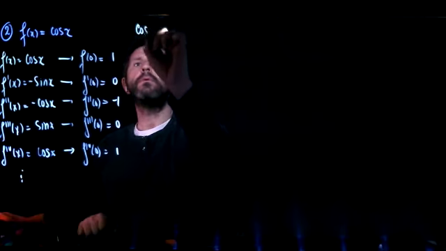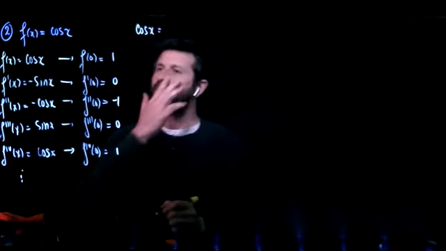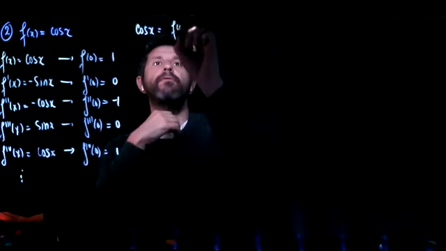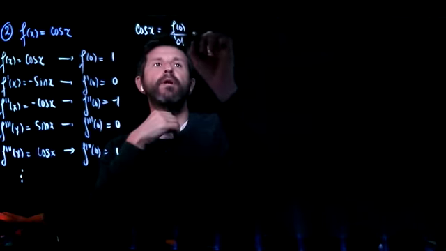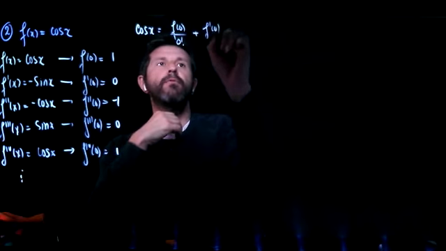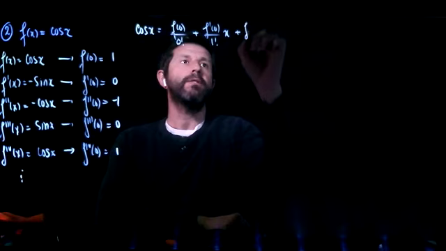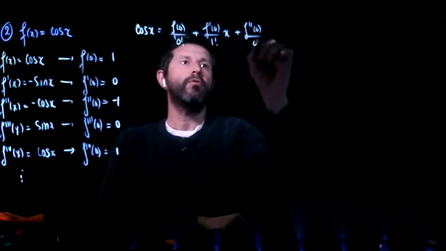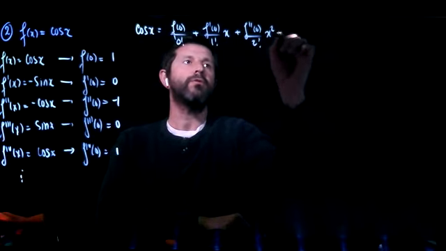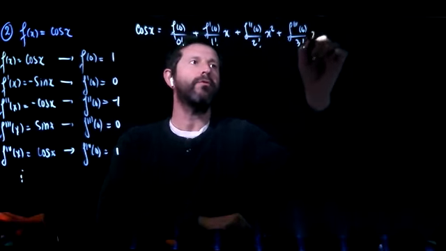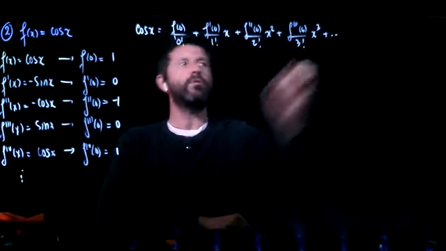So cos of x. So again, f of 0 over 0 factorial plus f prime of 0 over 1 factorial x plus f prime prime of 0 over 2 factorial x squared plus f prime prime prime of 0 over 3 factorial x cubed, and so on.